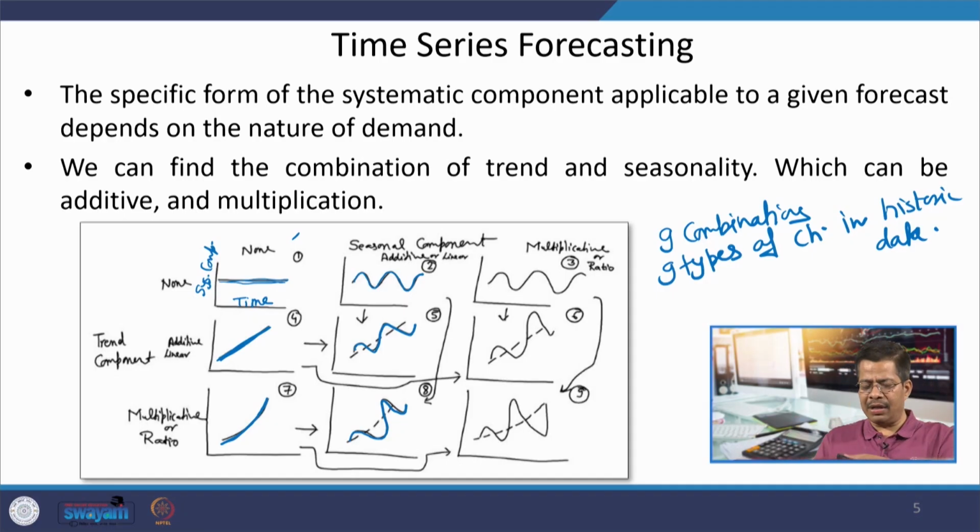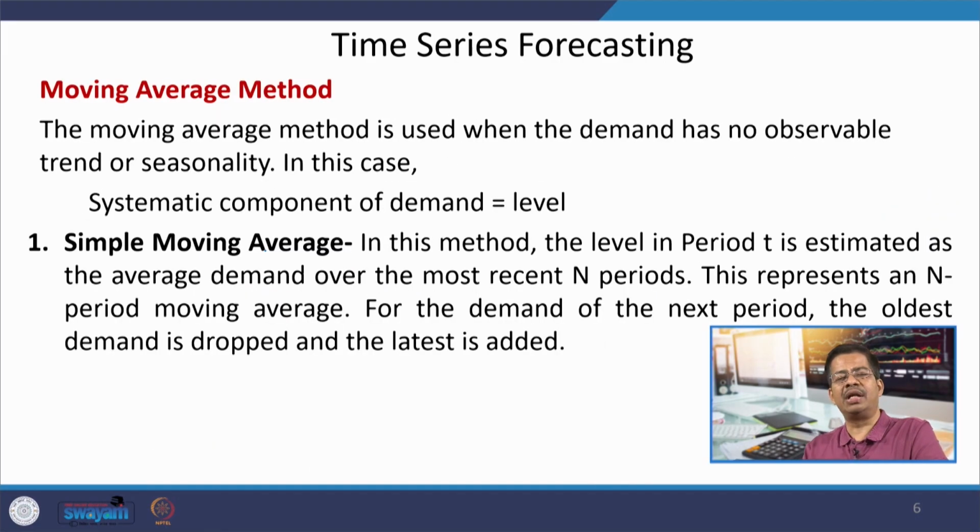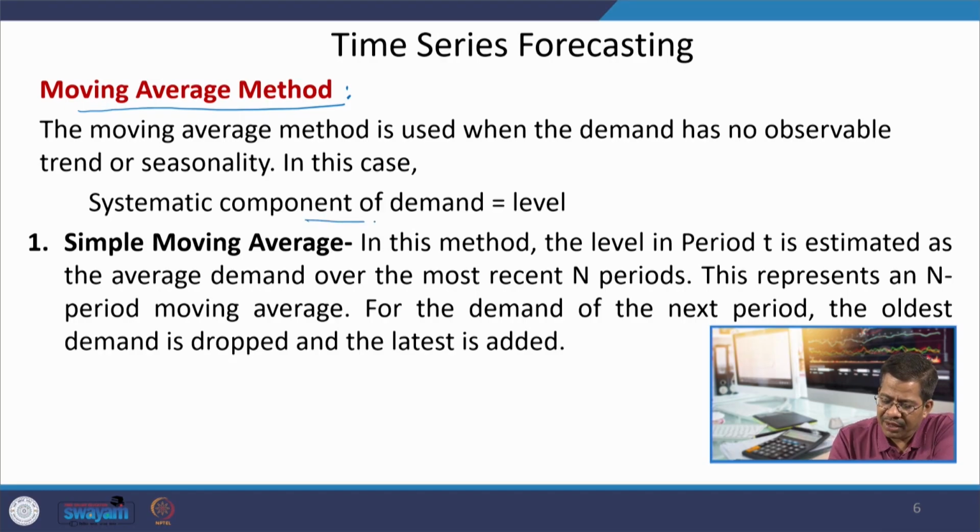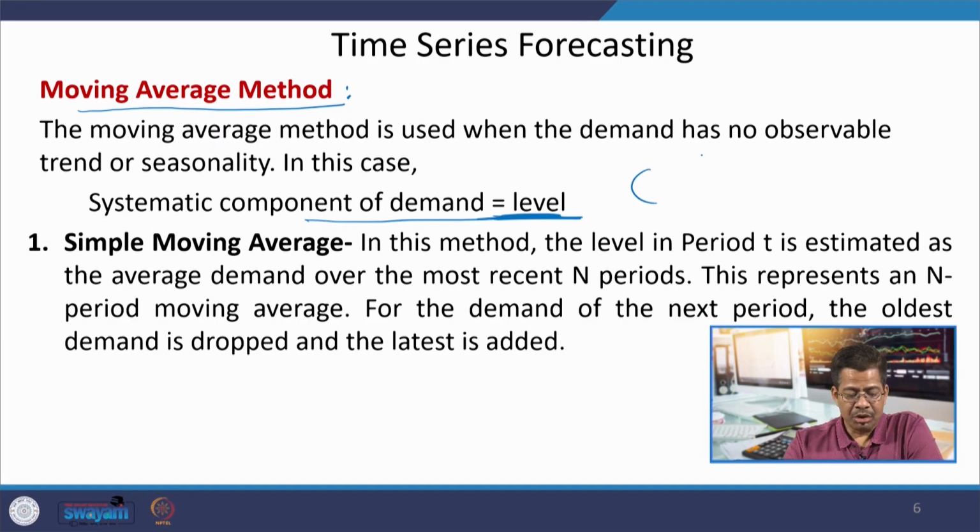Now, let us consider the simplest type of example, which is case number 1, no seasonality, no trend. When there is no seasonality and no trend, you go with the simplest type of method, that is the moving average method. Moving average method is where you have only level in your data, no trend, no seasonality.